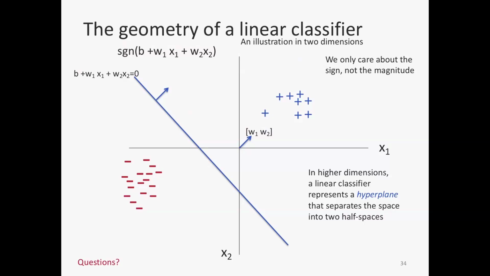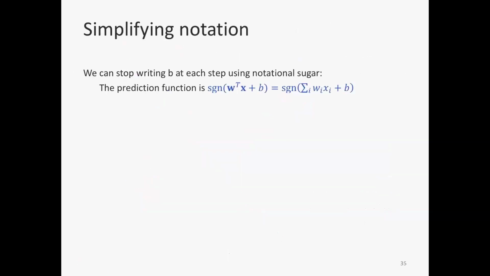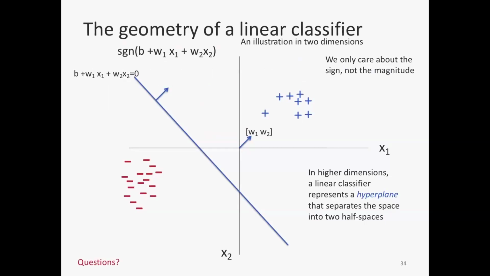So the next thing I want to do is simplify the notation a little bit, mostly to make sure that your code and your math does not have bugs in the future. I want to go back to that question about why do we need a bias term? I'll come back to this also later, I believe, but I want to mention it already.